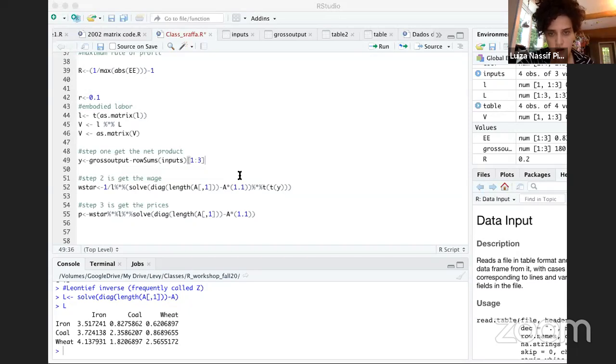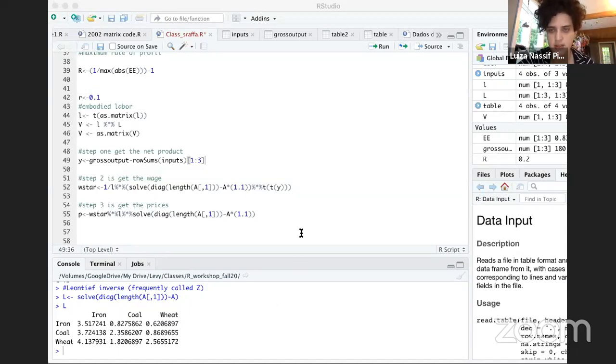Okay, so if you go into your slides from 35 forward, that's where you would find the equations to solve this last question. What I'm doing here is applying the equation for the W star.